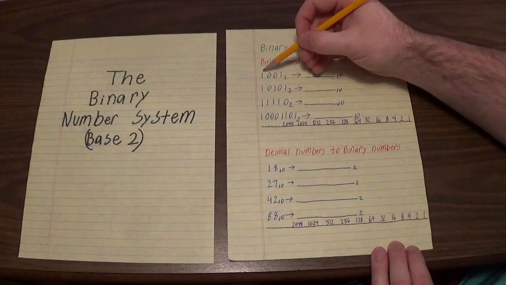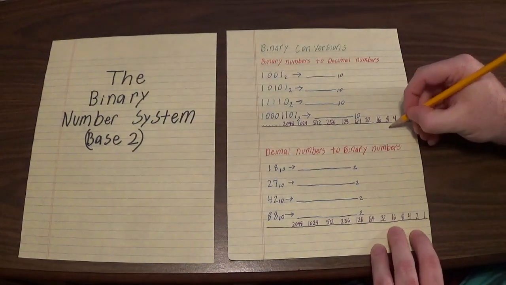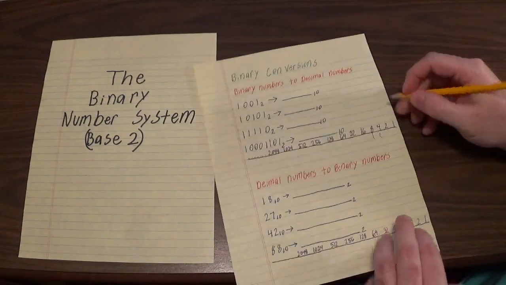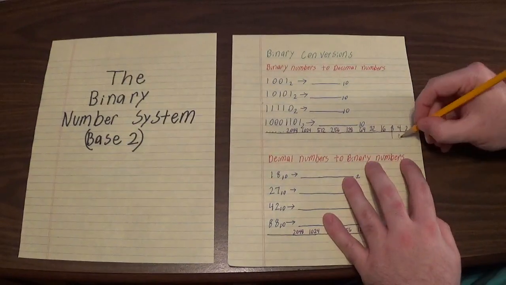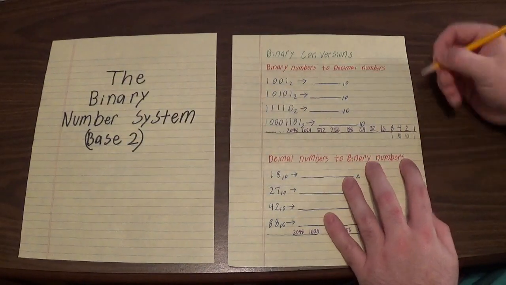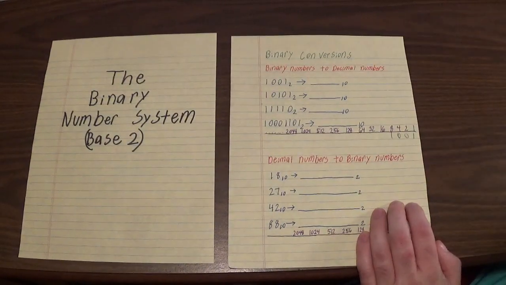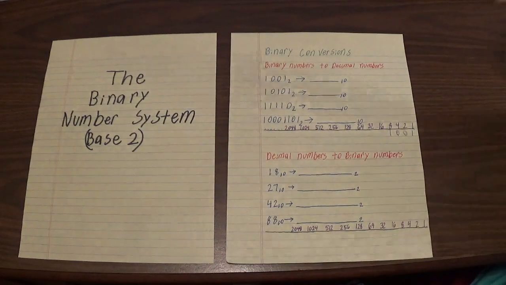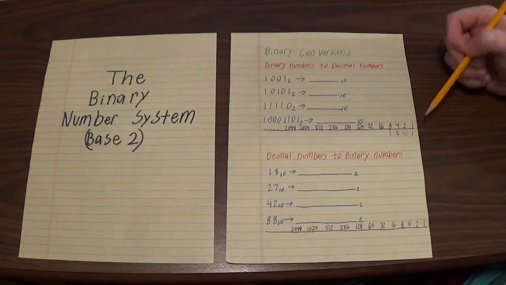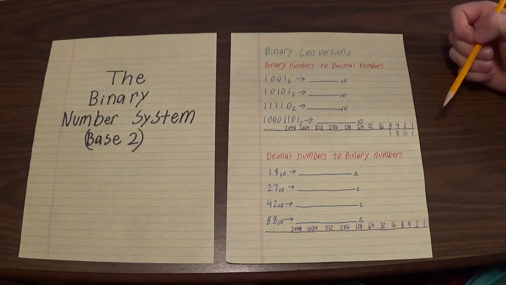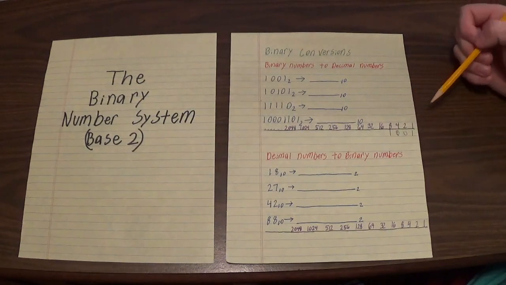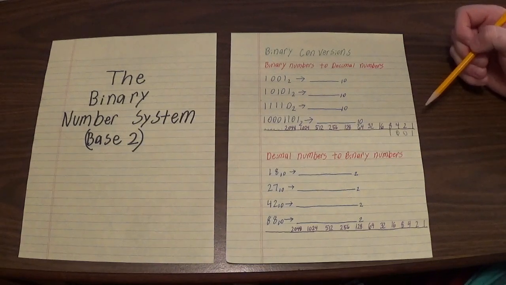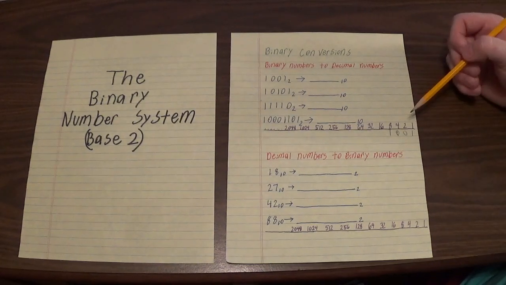So my first example is 1001. Okay. So now to find the decimal value, all I have to do is add up where the ones are. Okay, so I look at the numbers above the ones, and that is what I'm looking for.